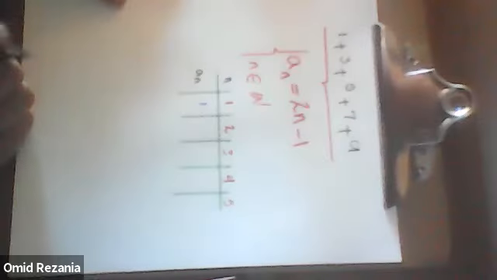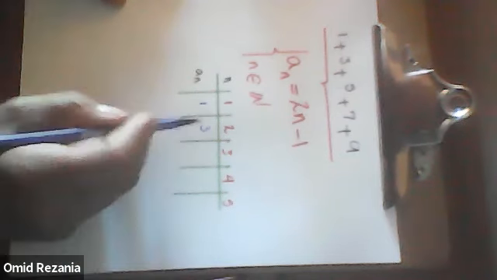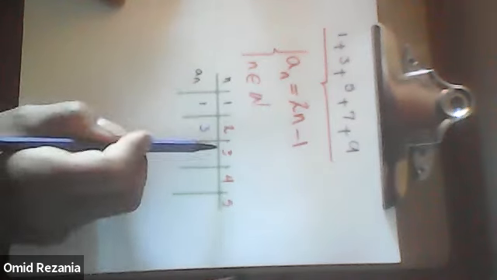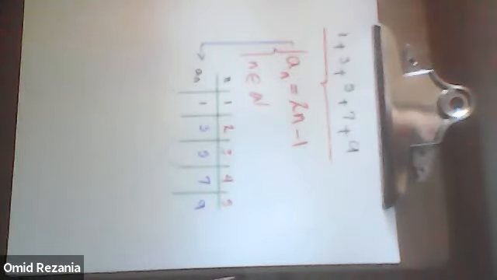If I put n equal to 2, 3. By 3 becomes how much? 5. By 4, 7. By 5, 9. You see that this function can create these elements.